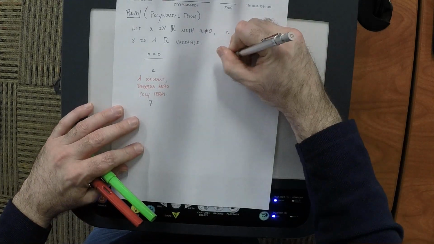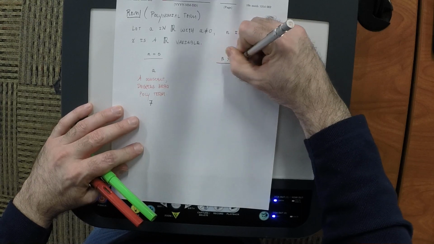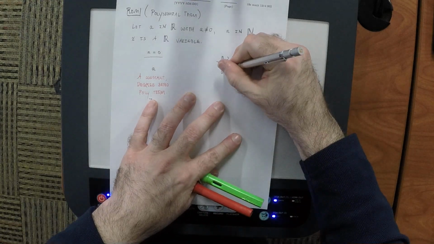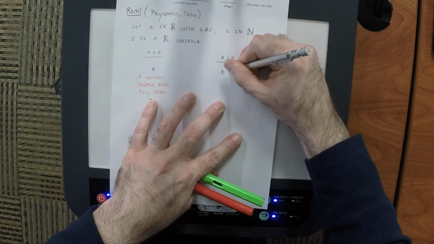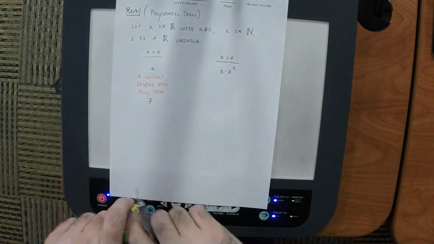In the case that n is greater than 0, we're talking about something like this. A multiplied by x to exponent n, like that.